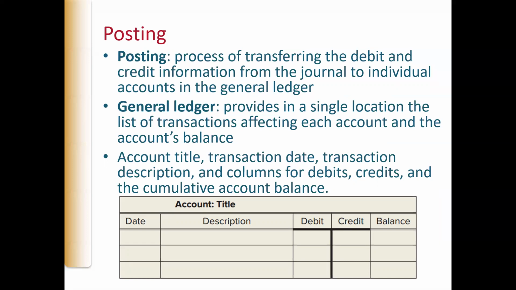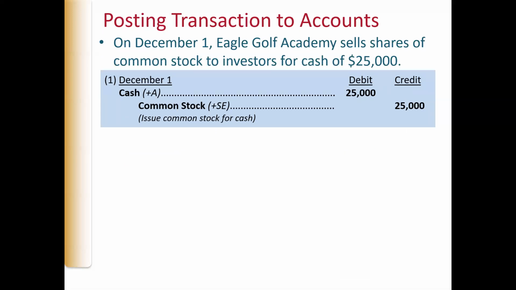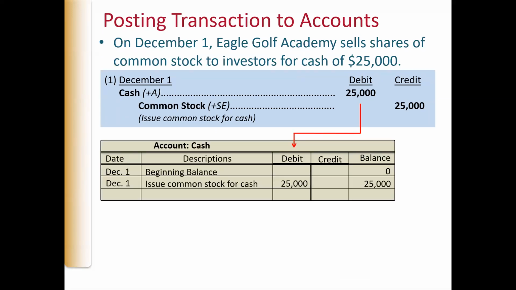So as you see here, we are going to take cash of 25,000 and find the account that is cash, and we're going to put that 25,000 here on the debit side.